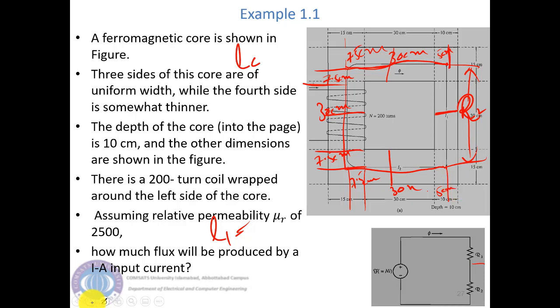In the example this is given as L2, and L1 is the path of this length, which is half of this 15 centimeter, which is 7.5 centimeter, this 30 centimeter, and again this 7.5 centimeter.